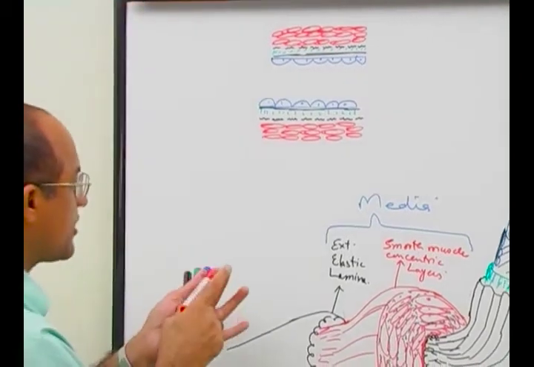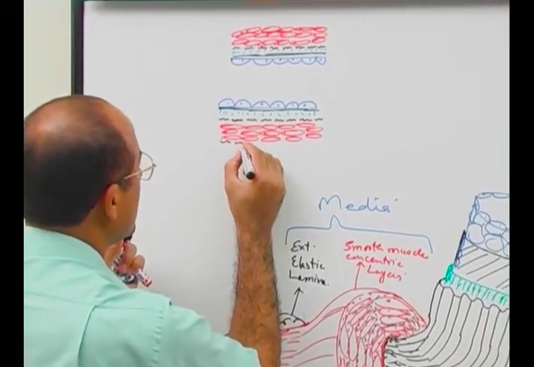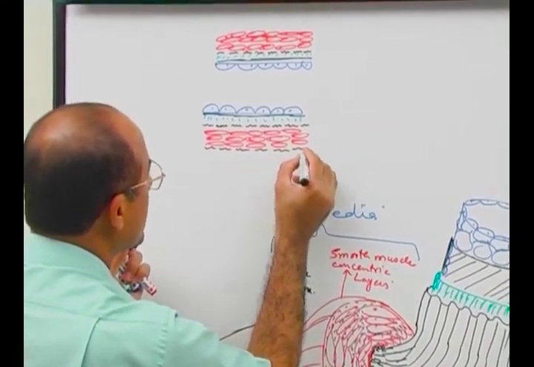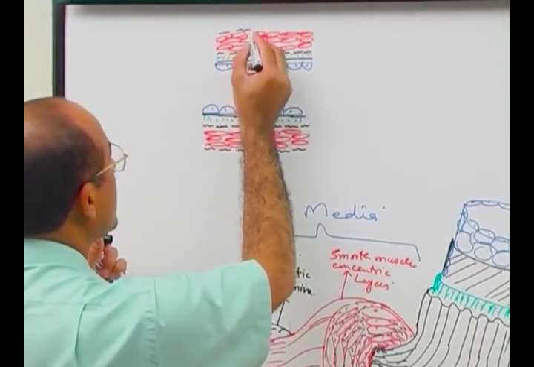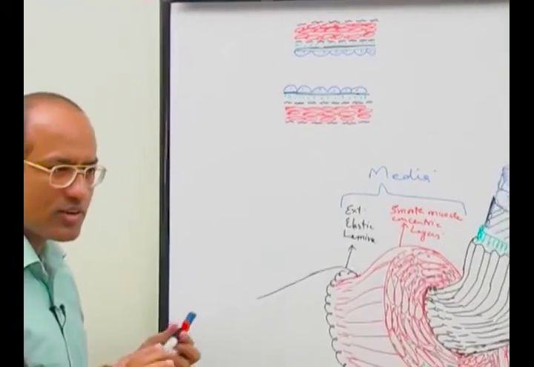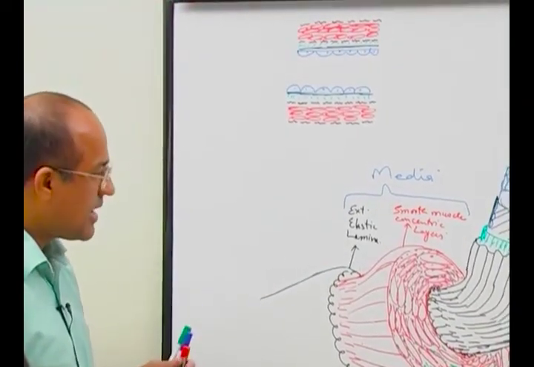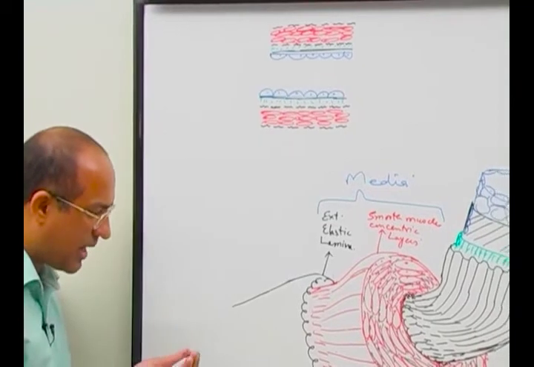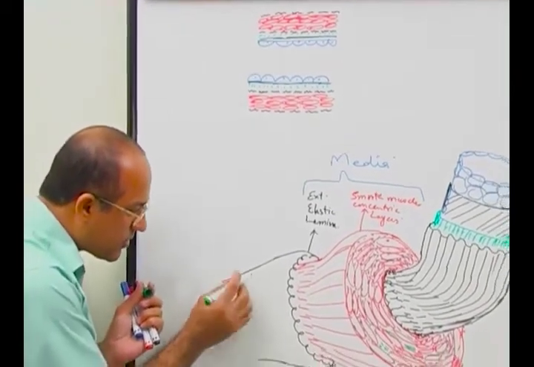And then outside it, what was this? External elastic lamina. Is it easy or difficult? Then comes the outermost layer.